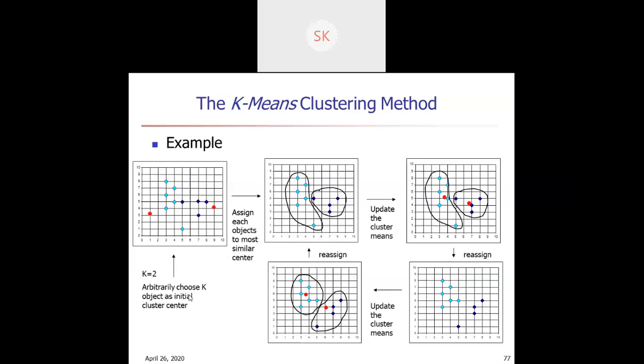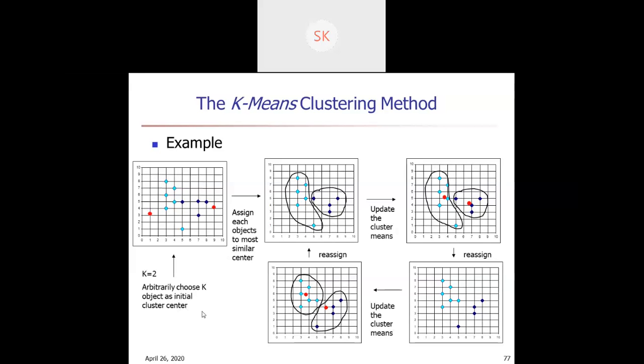For example, k-means clustering with k equal to 2. These are the coordinates in which we have represented the objects. This is 2-dimensional data, with a total of 12 objects. Let k equal to 2, then arbitrarily choose k objects as the initial cluster centers.